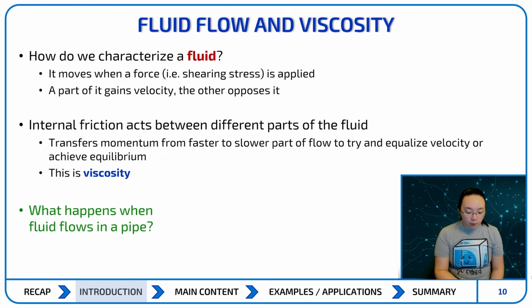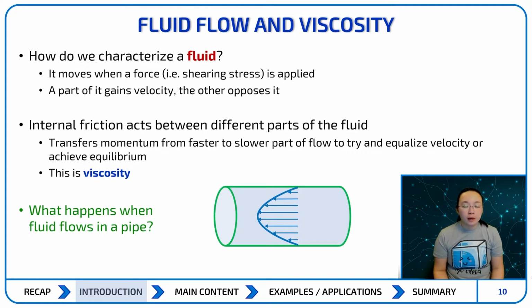So first of all, how do we characterize a fluid? A fluid is basically something that moves when a force is applied. In this case, it could be a shearing stress, where it's like a pushing force. A part of it is going to gain velocity while the other opposes it. That would be a characteristic of a fluid. Another thing to remember is that internal friction acts between different parts of the fluid.